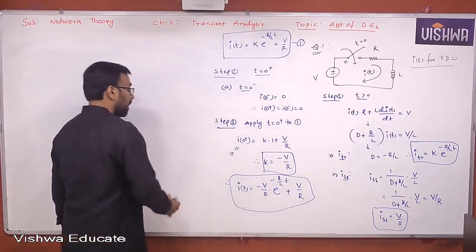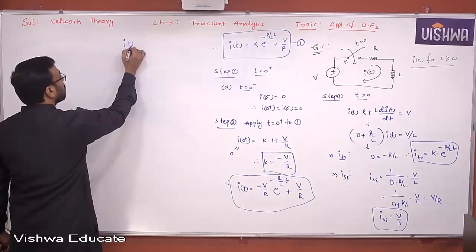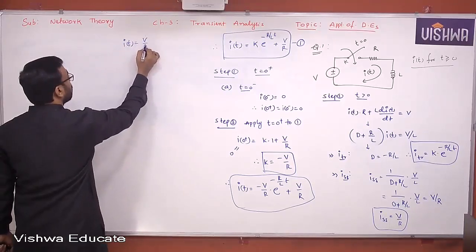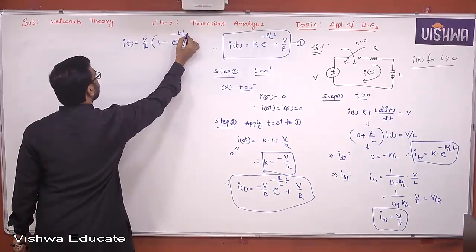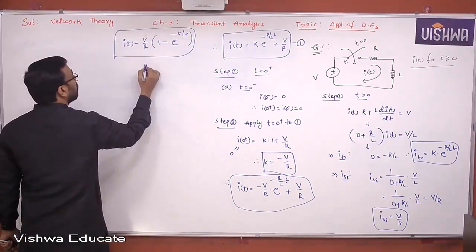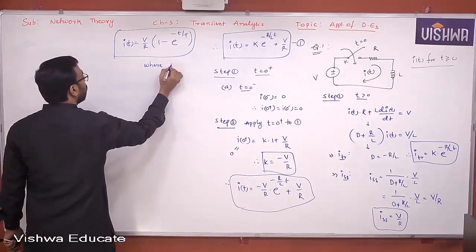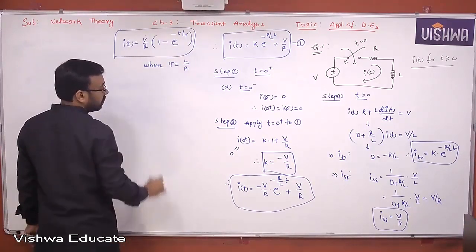But we can even write this in a simple way, that I of t can be written as V by R taken common, 1 minus e power minus t by tau. It's very, very important, where tau is equal to L by R. Understand all of you?